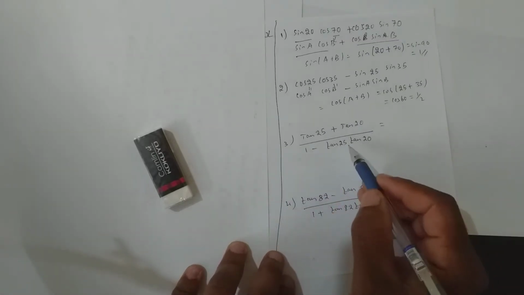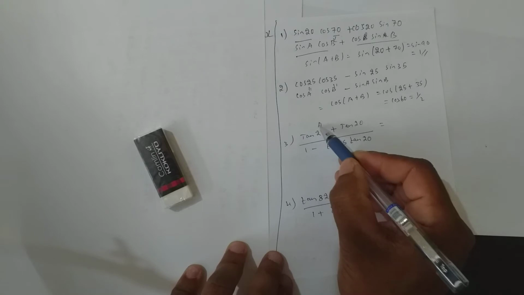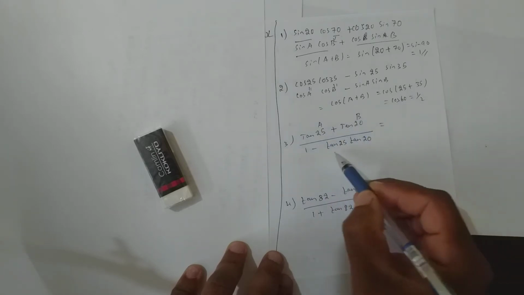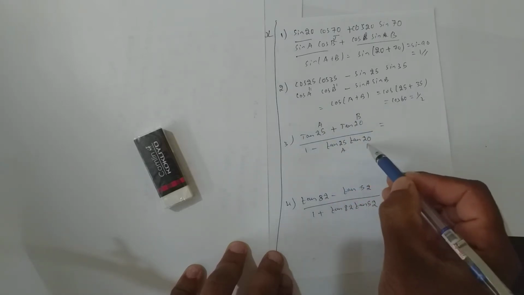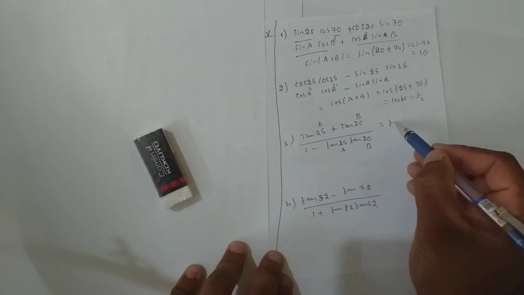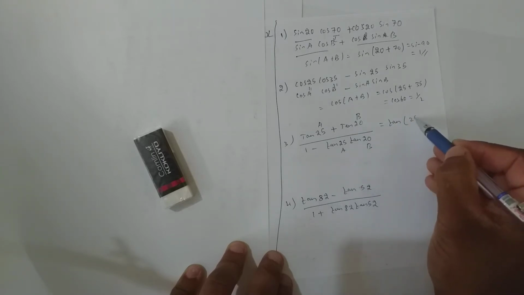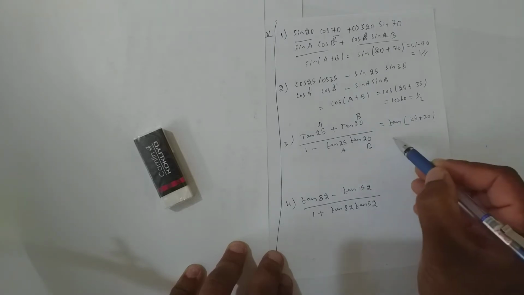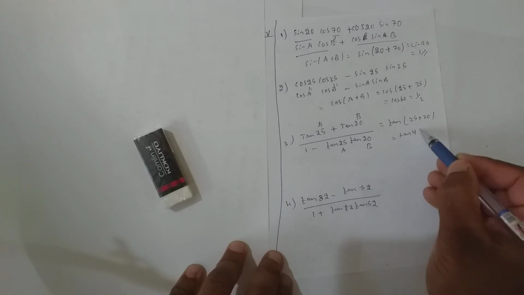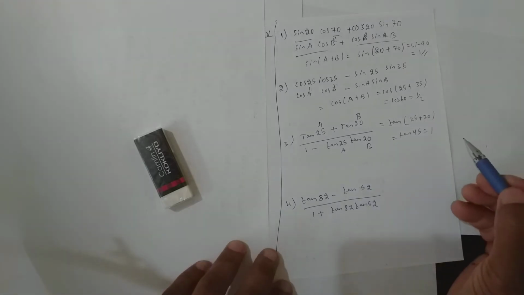Now let us look at the next sum. Now this is of which form? It is of the form tan A plus tan B by 1 minus tan A tan B, which is equal to tan(A plus B). So 25 plus 20, which is equal to tan 45, that is equal to 1.